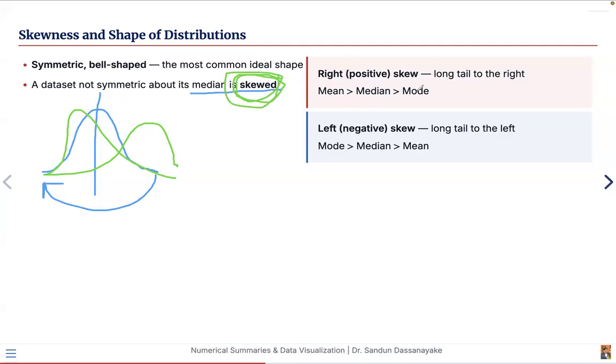So right or positive skew means your mean is located towards the left-hand side and the median is somewhere here. So your mean is a smaller value, the median is a slightly higher value, and the mode is somewhere at the latter part, at the higher value. So we call it right skew, because your mode is observed like that.